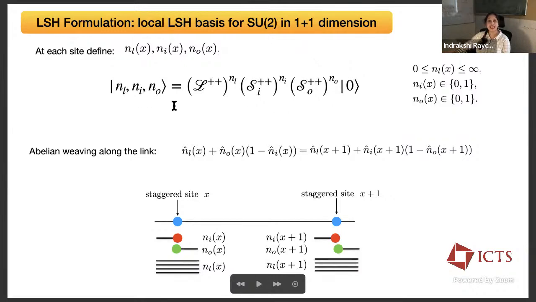And those states can be characterized by a set of integers, among which one integer counts the excitation of the pure gluonic flux. That integer can take any integer value between 0 and infinity. And these two have some fermionic content, so they can take only values 0 and 1.